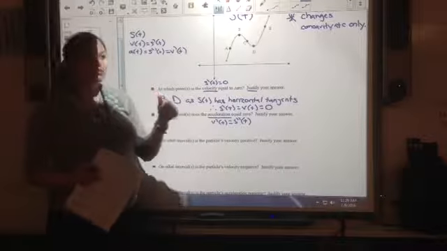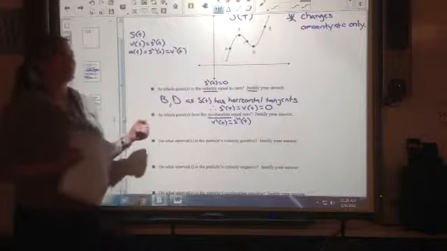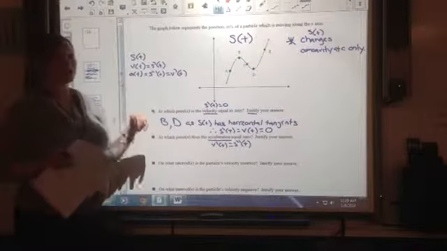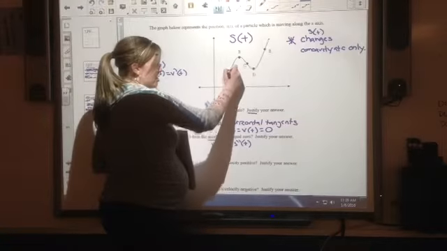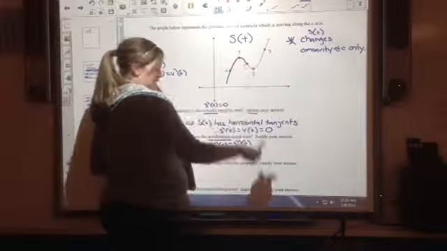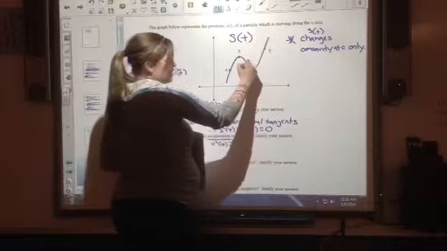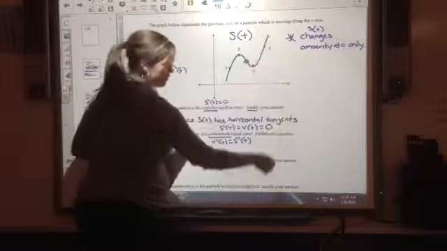So the second derivative, when a second derivative is equal to 0, not all the time, but there's a chance that the original function is changing concavity. So I can see right here, I've got this function that's going from concave down, and then right here it changes to concave up. So it's definitely changing concavity at C, and I told you that before.